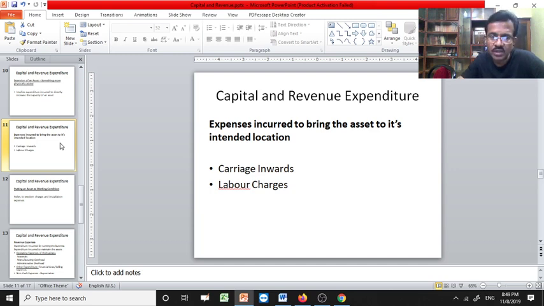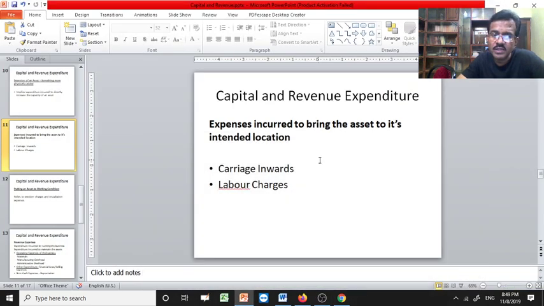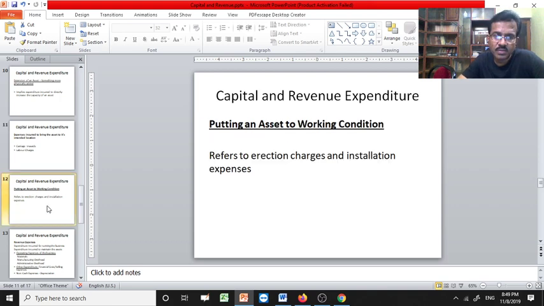All the expenditure that you are incurring to bring the asset to its intended location will be considered as capital expenditure.